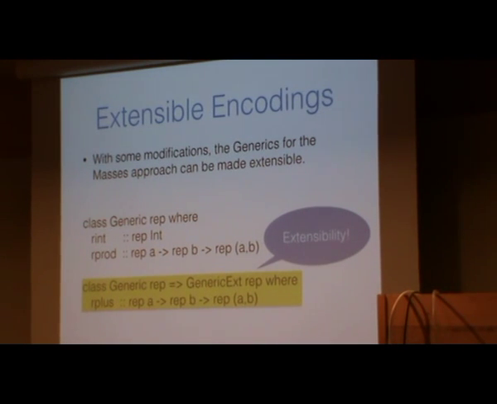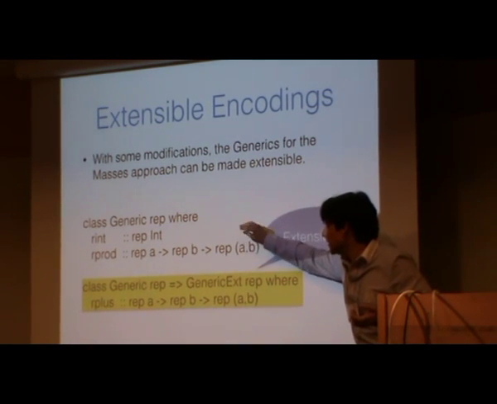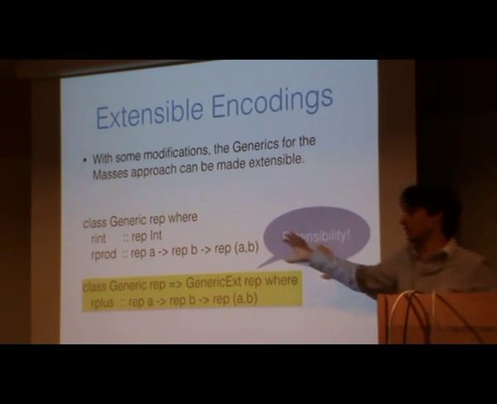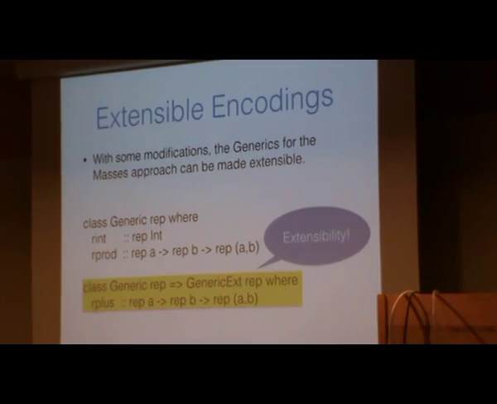In an algebraic data type, the definition is closed. You cannot extend it. But in here, with this particular encoding of algebras, I could actually extend the definition and add new cases without requiring me to come and change this definition. So I can do this without touching the existing definition.